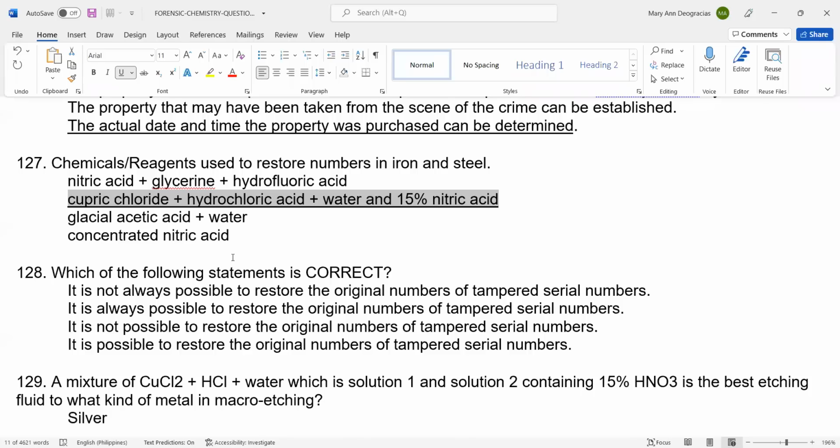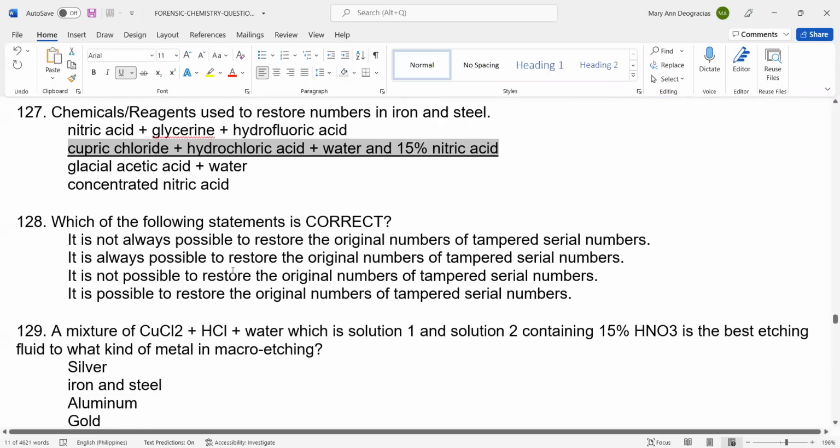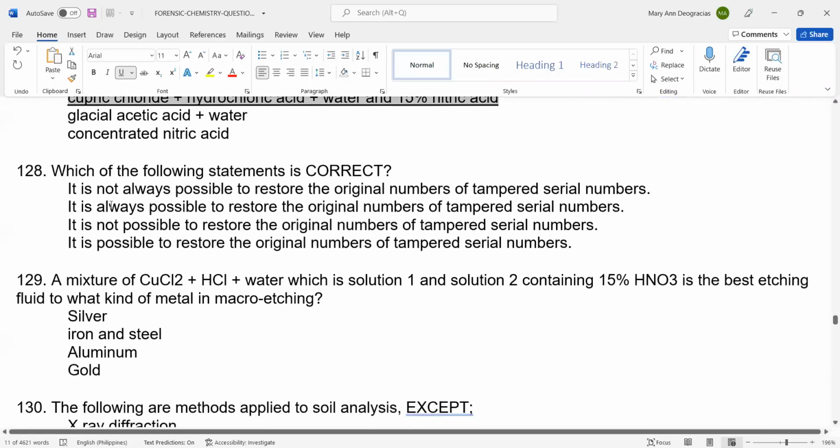Okay, number 128. Which of the following is correct? A, it is not always possible to restore the original numbers of tampered serial numbers. Letter B, it is always possible to restore the original numbers of tampered serial numbers. Letter C, it is not possible to restore the original numbers of tampered serial numbers.